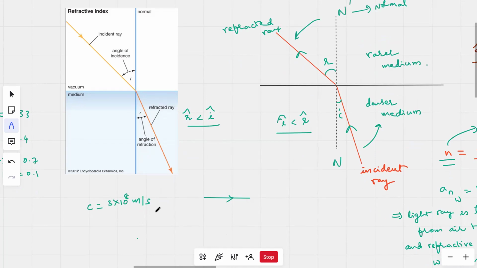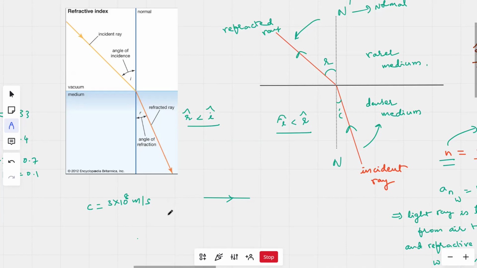Suppose it travels in a medium, maybe air or water. Light travels through air, water, glass, diamond, and any transparent materials like oil. When it is traveling through these media, the speed changes depending upon the optical density of the medium.